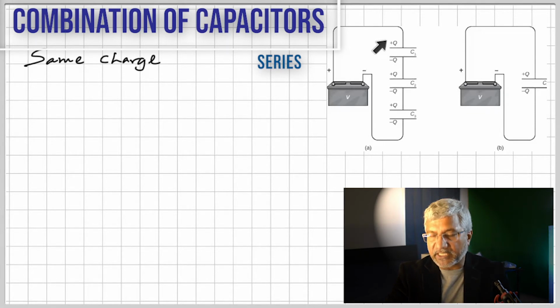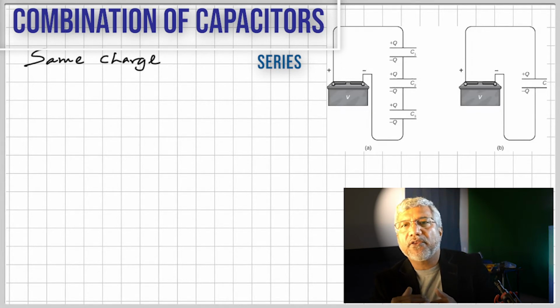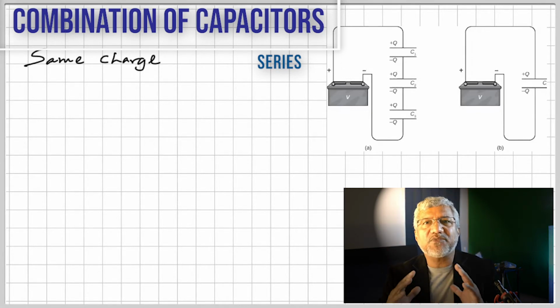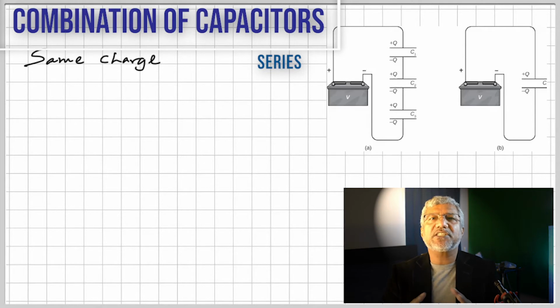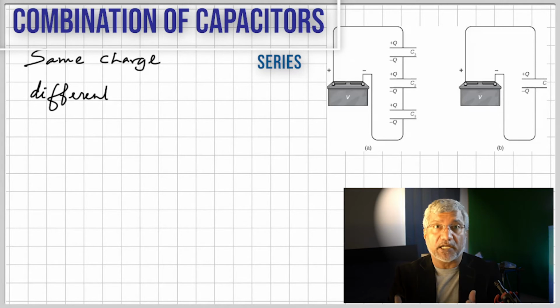But what's interesting and very important is that no matter what the values of the capacitances are, when they are connected in series, they all have the same charge. The charges are the same. Very important. Same charge, but the voltages are different.